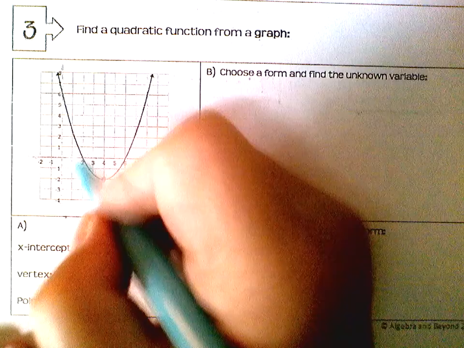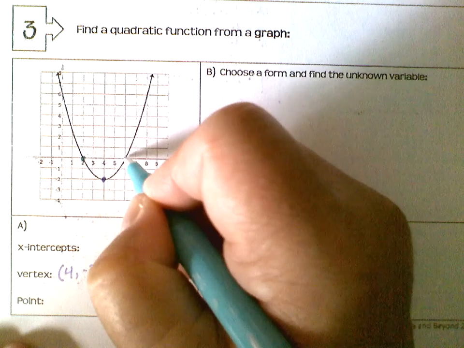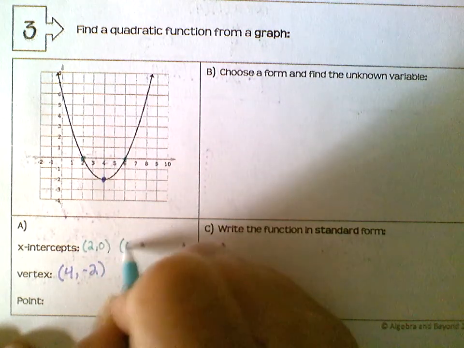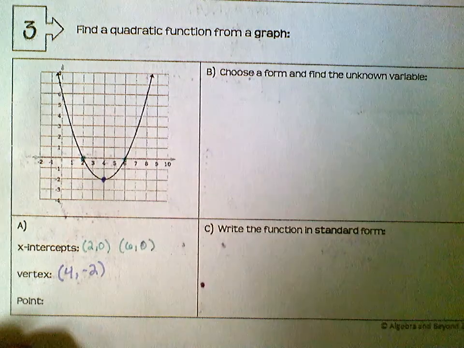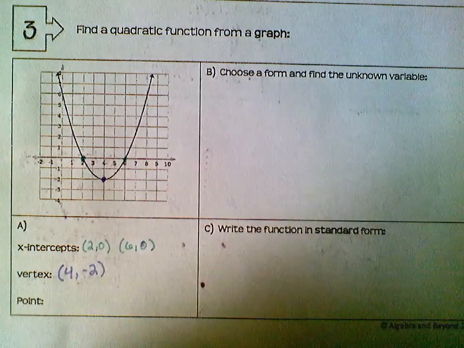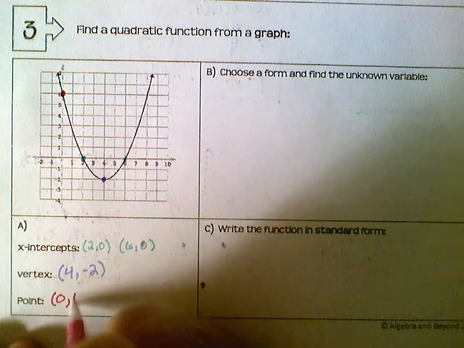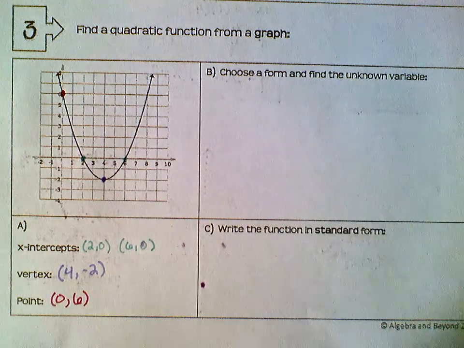They also give us our x-intercepts of 2 and 6. And we can pick another point on the graph, and I'll tell you one of my favorite points to pick if able is the y-intercept because 0 makes things easy.